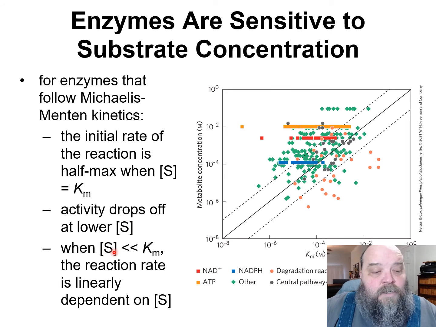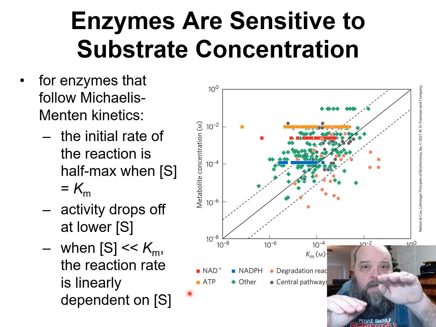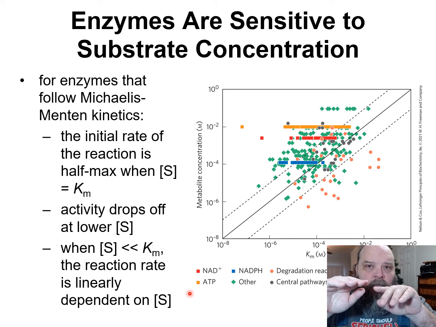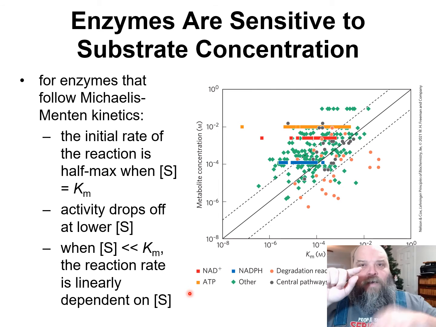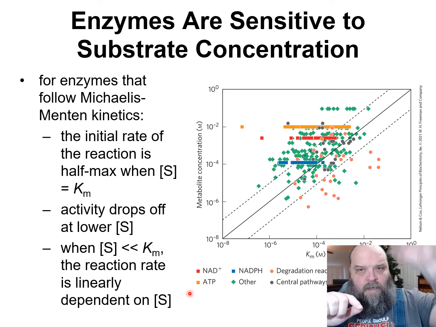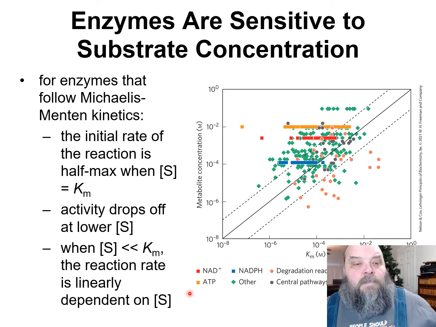And when concentration is so much lower than Km, our kinetic rate now becomes dependent on substrate. More S, higher rate. More S, higher rate. Unless we're approaching Km, or we're beyond Km and now we're at Vmax. Now you can blow out S all you want, and there's only so much the enzyme can do.